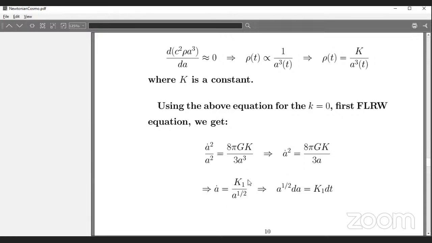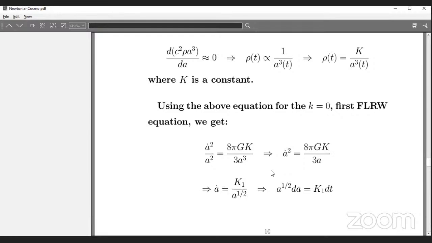Note, I have taken the positive square root. A dot square was this. If I take the square root, I get plus minus. But because we are talking about an expanding universe, a dot is positive. So I've taken the positive square root. Had the universe been contracting, that means Hubble would have seen blue shift in the emission line wavelength instead of red shift, then I would have taken the negative square root.